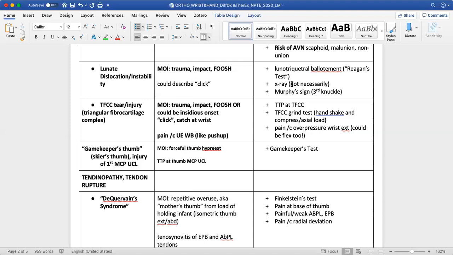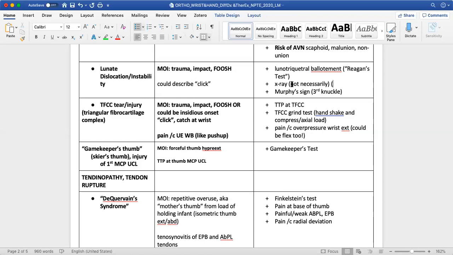The reason it might show up on X-ray is because that bone may be displaced, either palmarly or dorsally, depending on how the instability is described, as either a lunate dislocation or a perilunate dislocation. I know that's a little bit confusing, but it's basically the idea: did the lunate move out of place, or did all the bones around it move out of place?